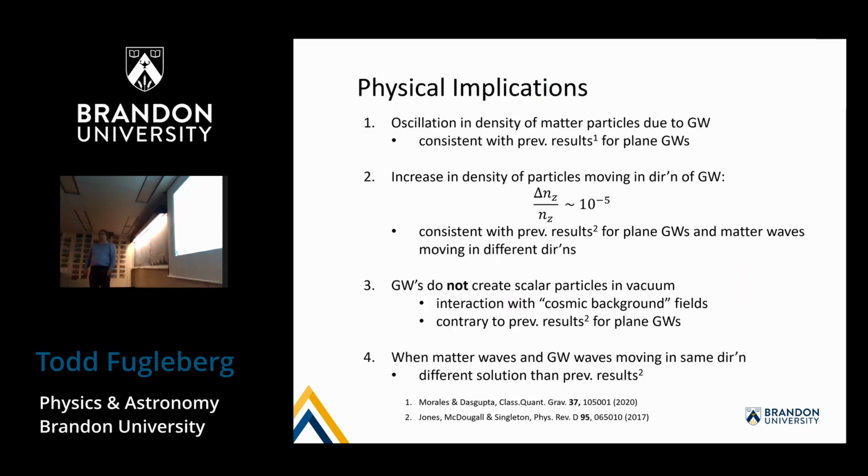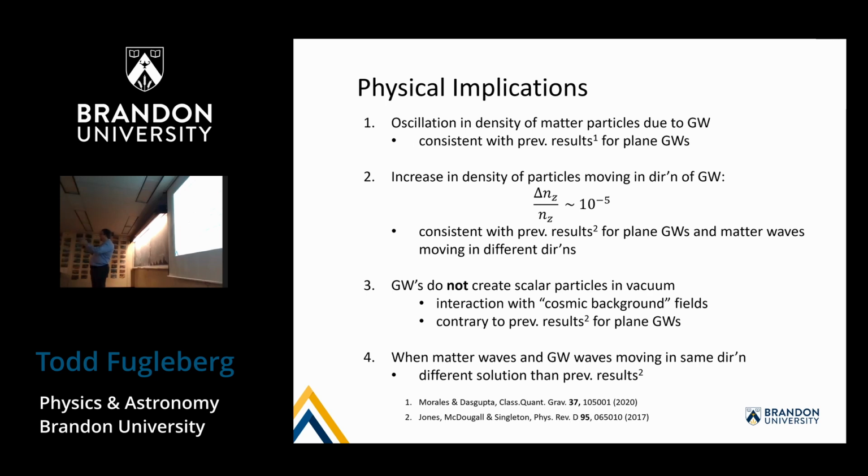And the physical implications of this are that if you have a detector that's looking for electrons or whatever out there in space or even on Earth, you're going to see that the density of these particles is oscillating for some reason.